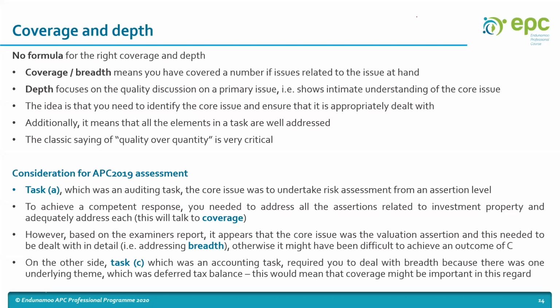Then when you read even more, the examiner indicated that he liked the candidate's depth of the issues, analysis and reasoning of the issues. Then you're like, oh, okay, I've now figured the formula out for the APC ethics task. Then you go to APC 2019.